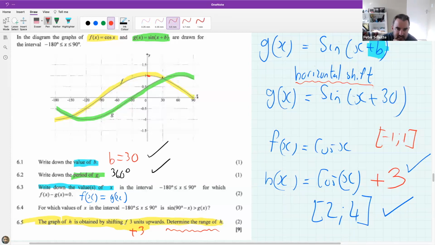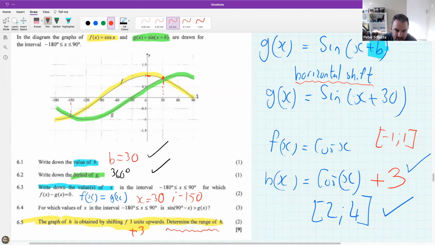I'm looking and I see they collide over here, and so I'm going to drop down, and one of my answers is going to be 30. Where's the other one going to be? Well, there's a collision point over here, and that collision point is -150. They're just saying, values of x.